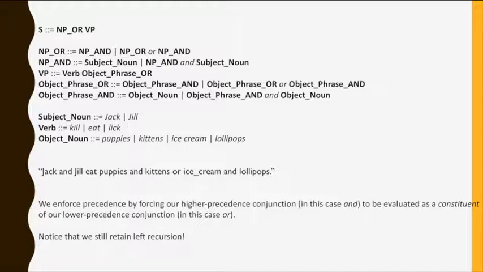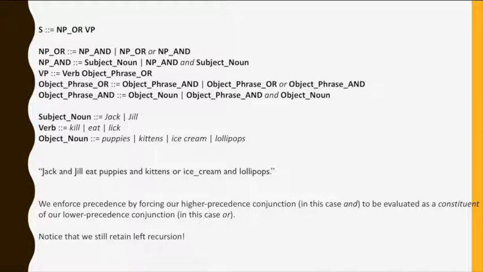The NP and can now go to the non-terminal subject noun, or it can continue to recurse on the left side down into NP and, or on the right side of the binary operator or conjunction, if you will, we can have a subject noun. And in this way, because we make our NP and non-terminal a constituent of our NP or non-terminal, we're enforcing this kind of precedence.